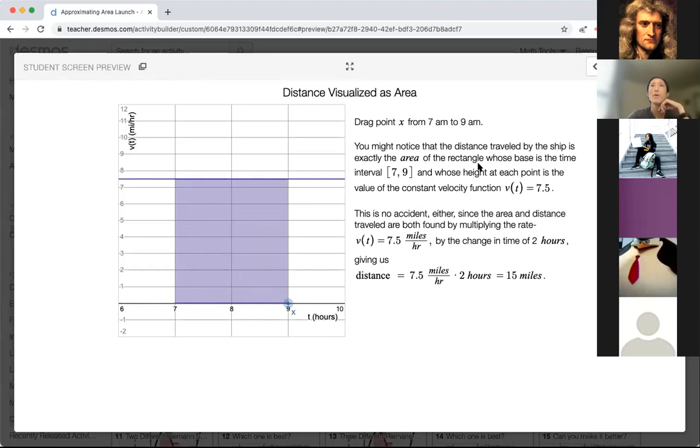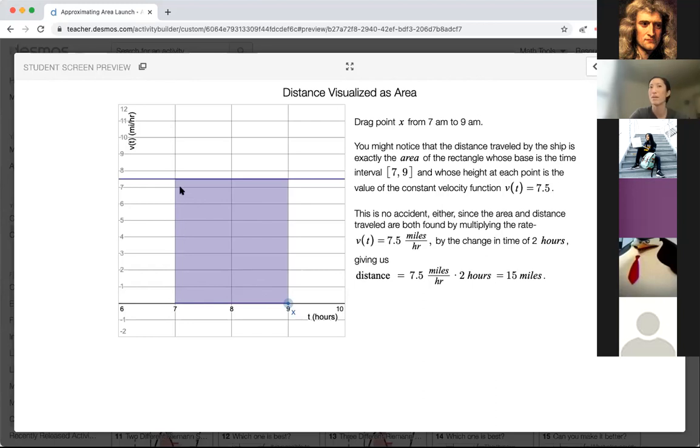And when I go all the way to 9, this is the graph of velocity. And on the bottom, I have hours. So let's read over this. You might notice that the distance traveled by the ship is exactly the area of this purple rectangle. Right? If we were to find the area of this purple rectangle, we would have base, which is 2, times height, which is 7.5.